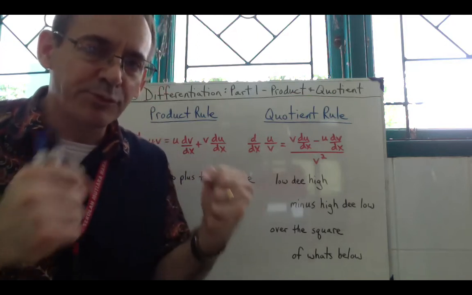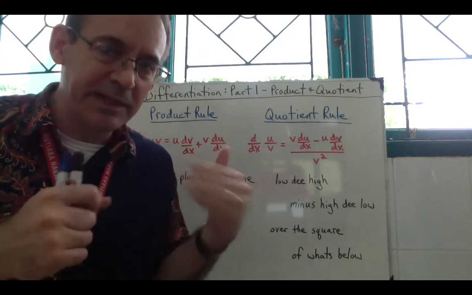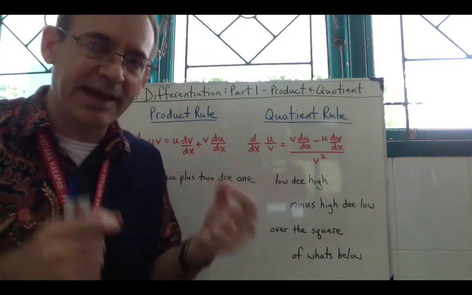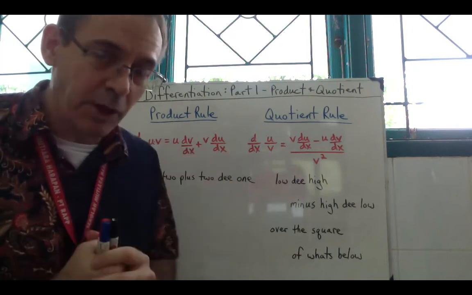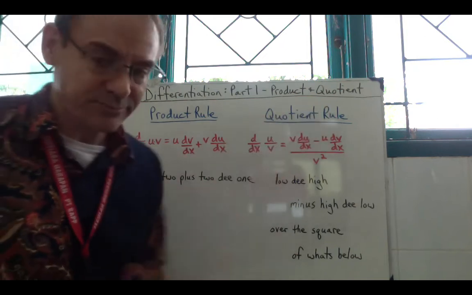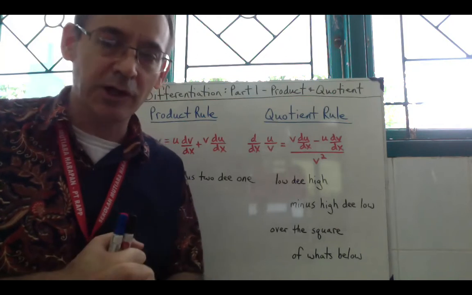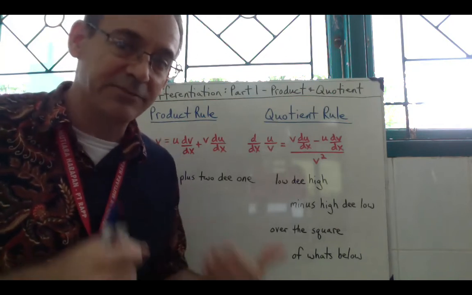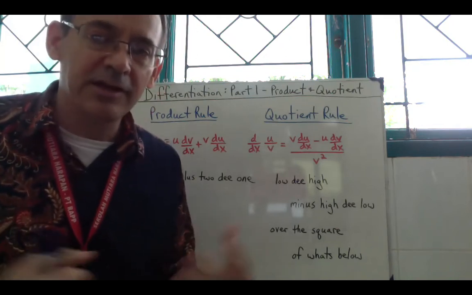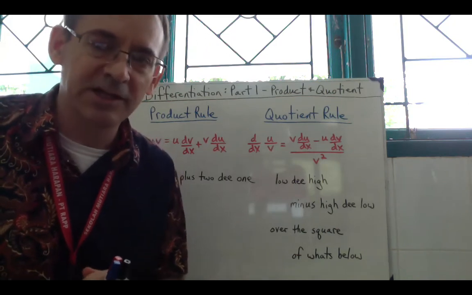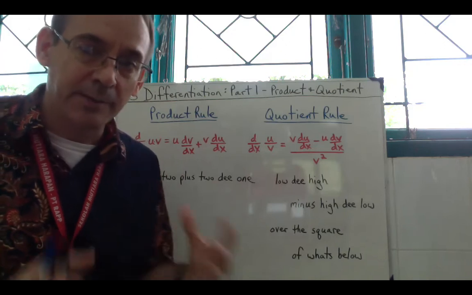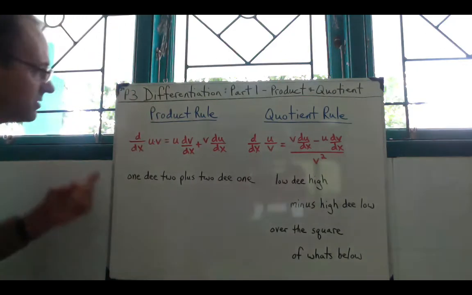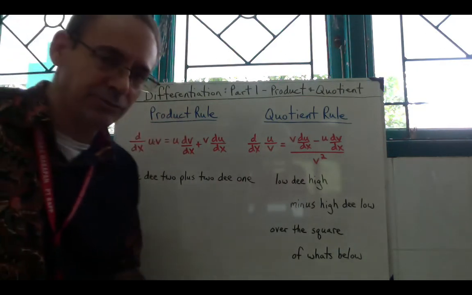So when we have the product of two terms, meaning both terms have the x variable in them, and the two terms are being multiplied together, or as we get to the quotient rule, the two terms are being divided, then there is a specific formula to help us with the derivative of those combinations. So first, let's look at the product rule.